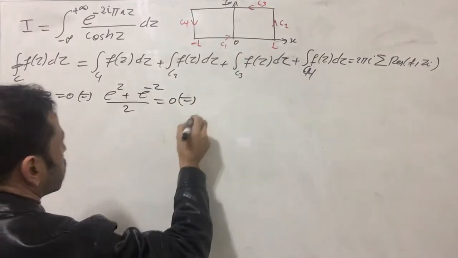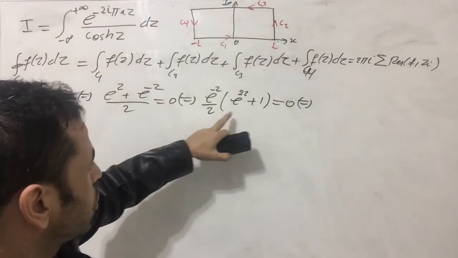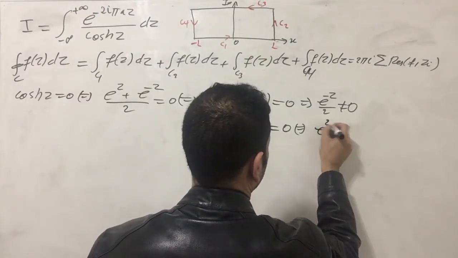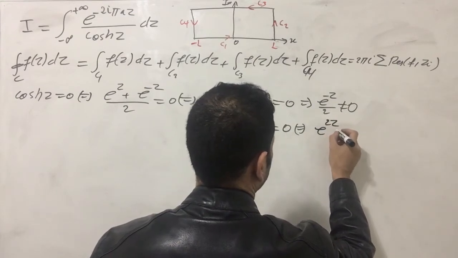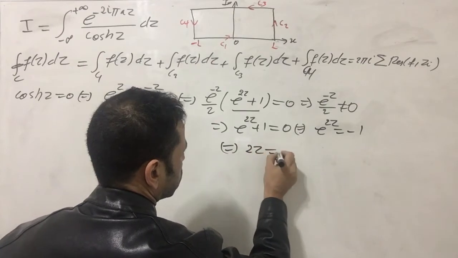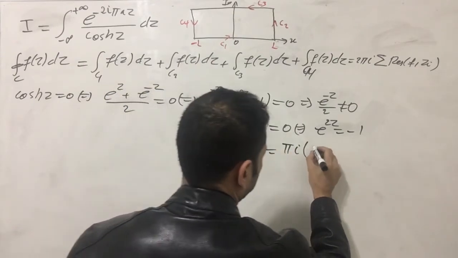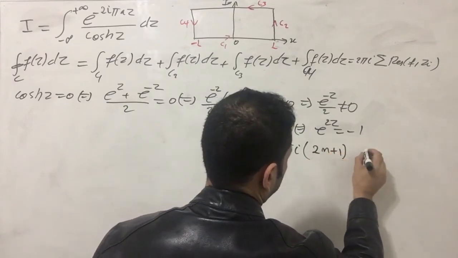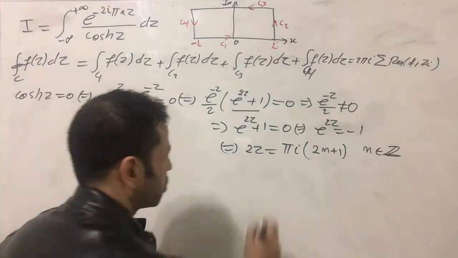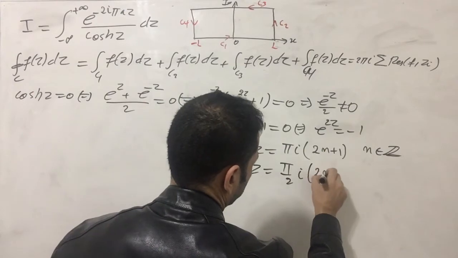Since e^(-z) over 2 is different from 0, this must equal 0, which is equivalent to e^z equal to minus 1. This is equivalent to z equal to pi i times (2n plus 1), where n is a natural number. So z equals pi i over 2 times (2n plus 1).